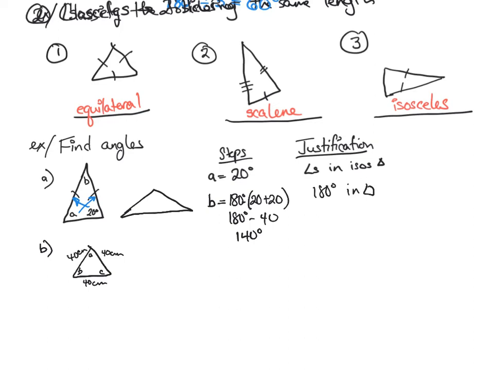So angle A is equal to B is equal to C is equal to 180 degrees divided by 3. And this is all because of angles in an equilateral triangle. And so my answer is that A, B, and C are all equal to 60 degrees.